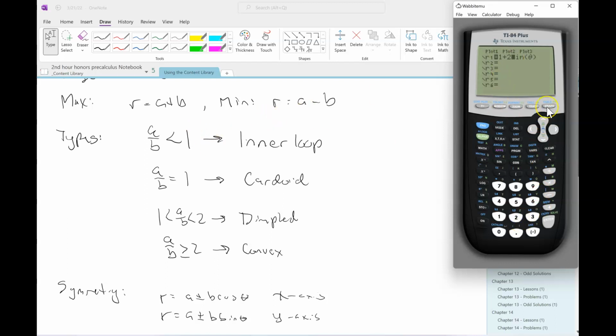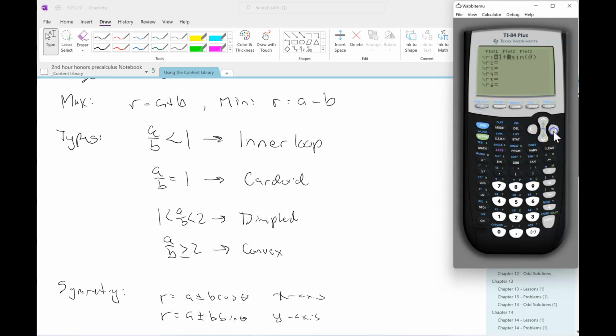That's less than 1, so this should be an inner loop. Just for the sake of doing this, I'm going to turn off my axes so it's a little easier to see what's going on. So that's an inner loop. See how there's a little loop inside of the big loop?